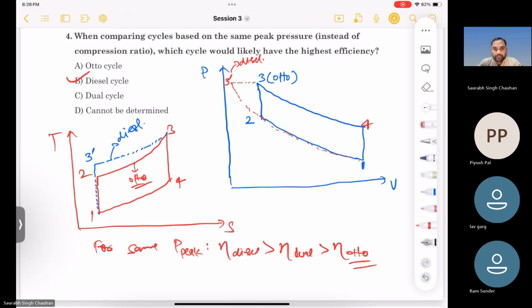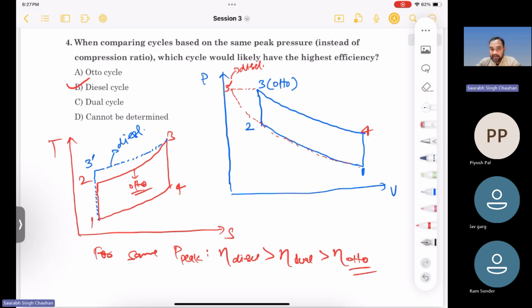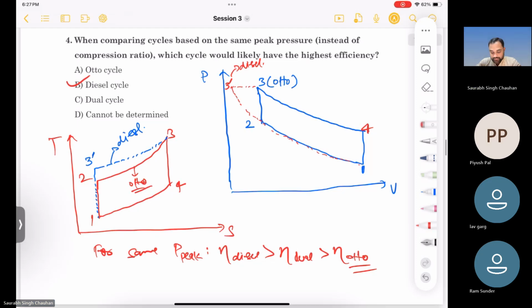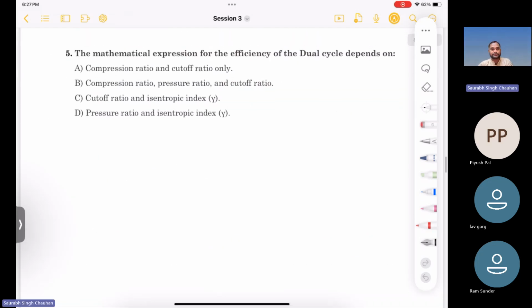But if you assume the peak pressures are the same, it is more realistic. Of course, the peak pressure in a diesel engine will be greater than in the Otto cycle, but for comparison purposes it is a better comparison. I hope this is clear, and we can move to the next question.